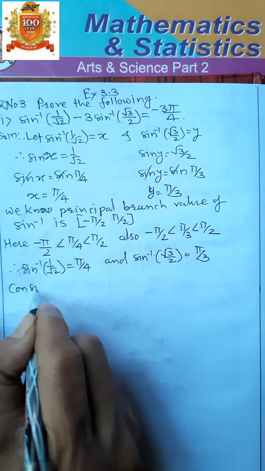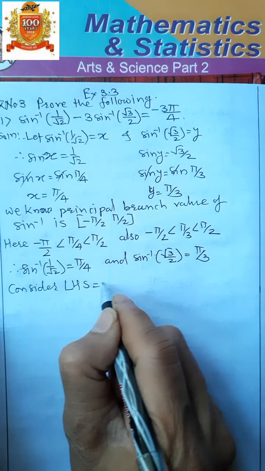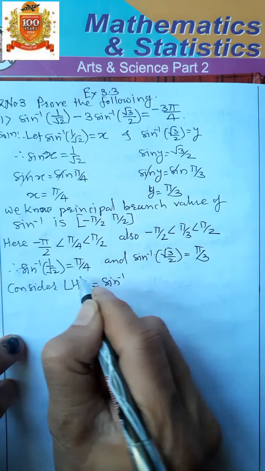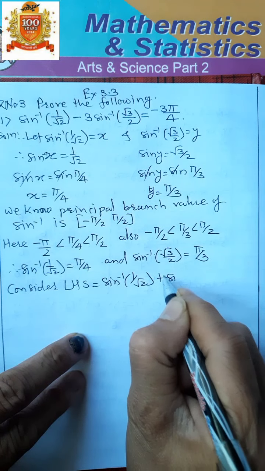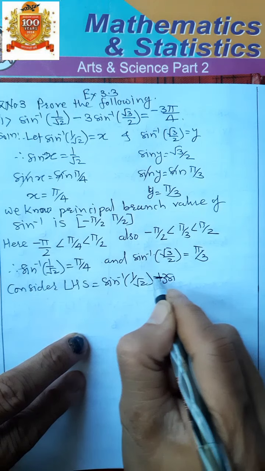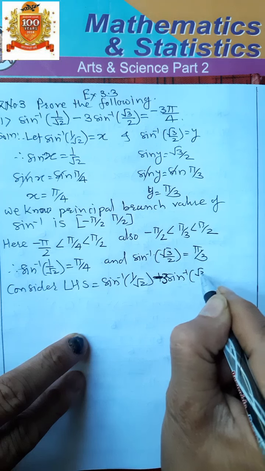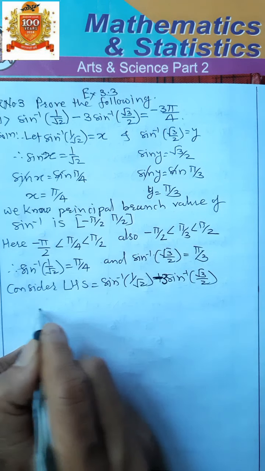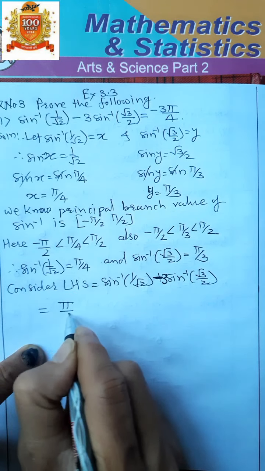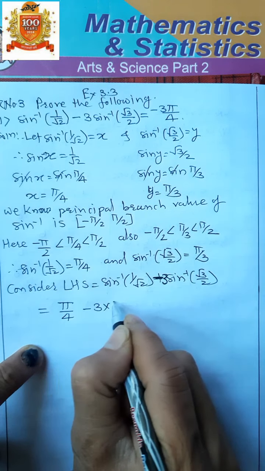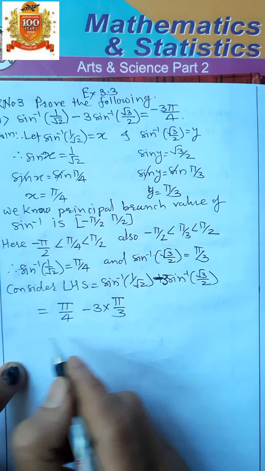Consider LHS is equal to sin inverse of 1 upon root 2 minus 3 sin inverse of root 3 by 2. That is equal to, put the value, pi by 4 minus 3 into pi by 3, isn't it?